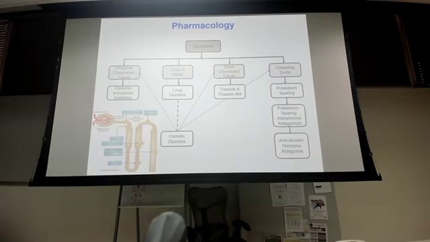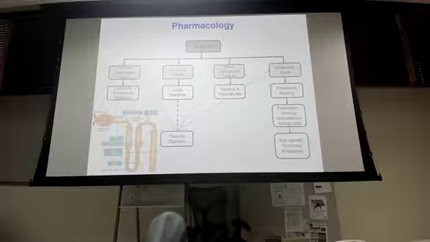What electrolyte does it affect? Who can get it? Who should not get it? If you can answer that, you're going to pass any question anybody can give you. Really. Where does it work? How does it work? What electrolytes and what patient should and shouldn't get it? Sounds easy, right?